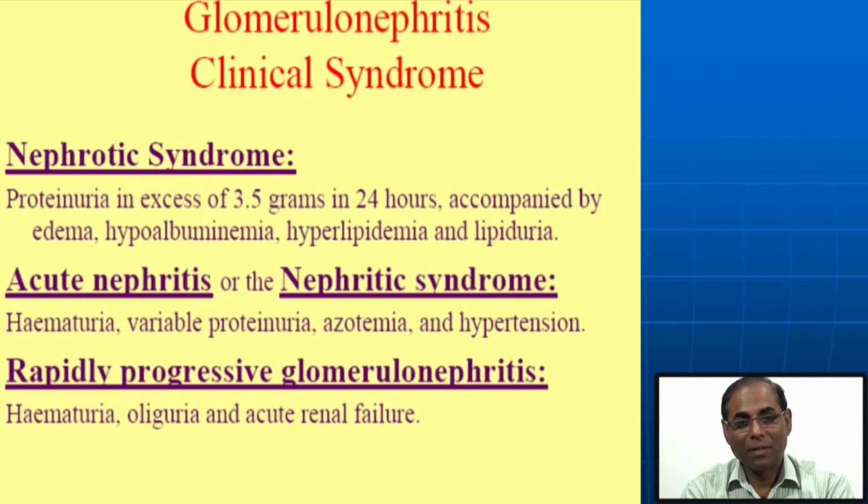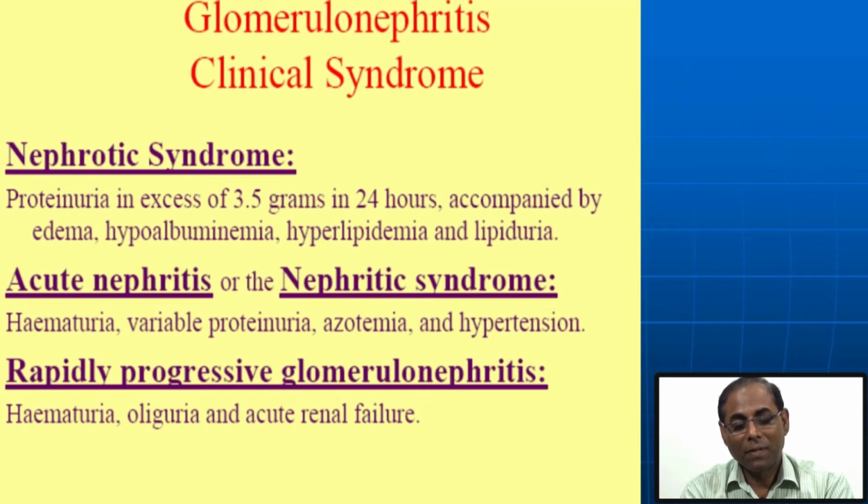The nephrotic syndrome is typical with heavy proteinuria, 3.5 grams in 24 hours. It is accompanied by generalized edema, hypoalbuminemia, hyperlipidemia and sometimes lipiduria. These are the typical features with which nephrotic syndrome patients present in the OPD.